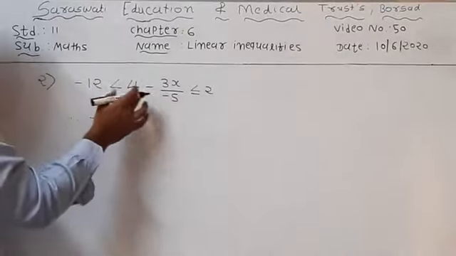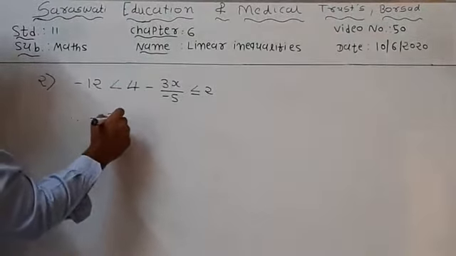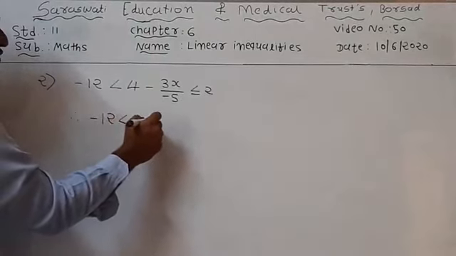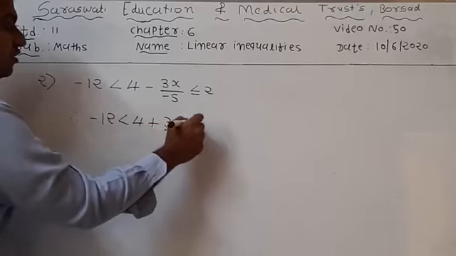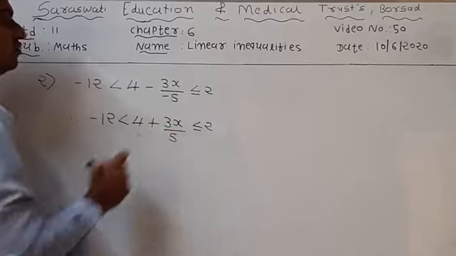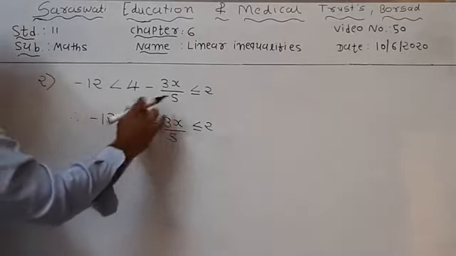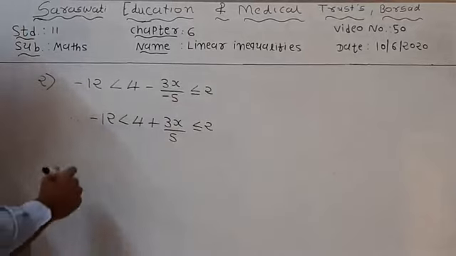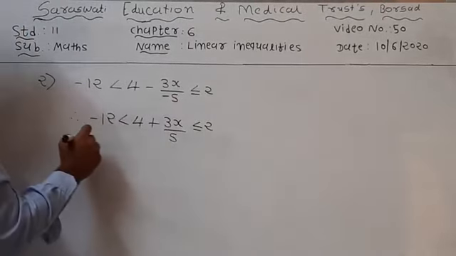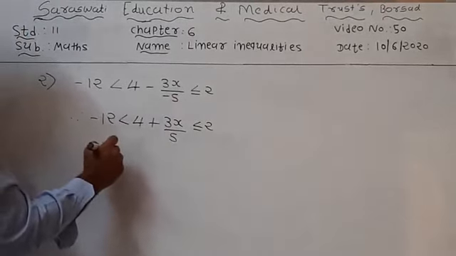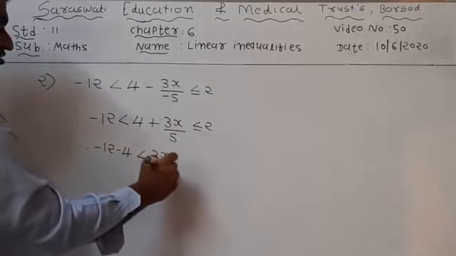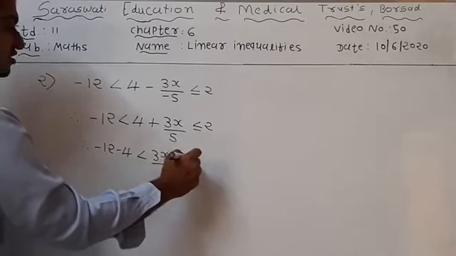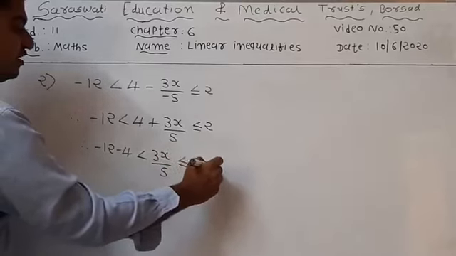Therefore minus 12 less than 4 plus 3x upon 5 less than or equal to 2. Now subtract 4 on both sides, and change the sign. So minus 12 minus 4 less than 3x upon 5 less than or equal to 2 minus 4.